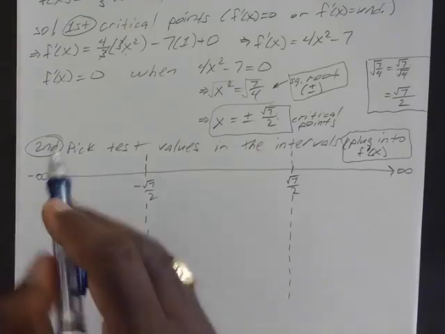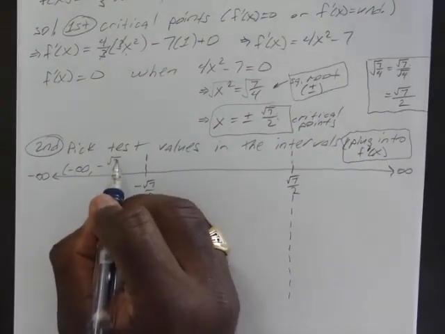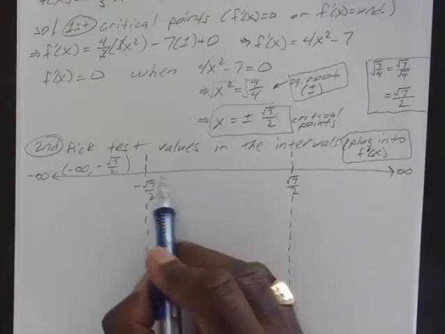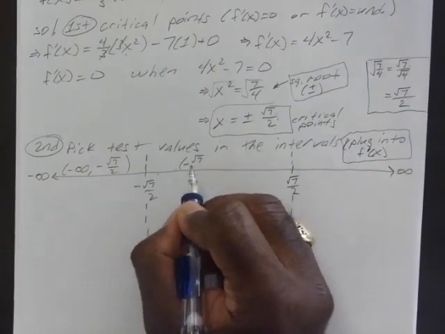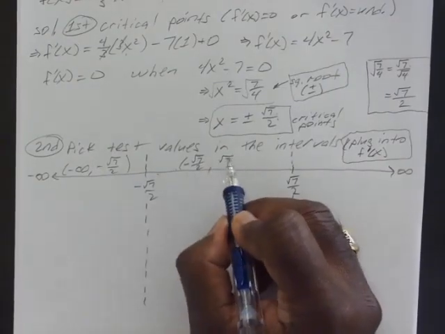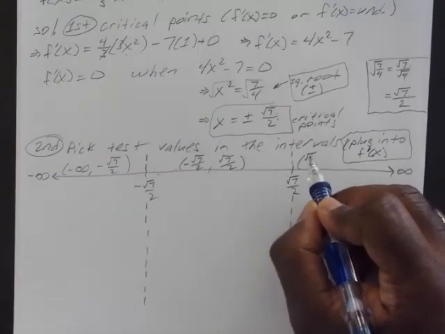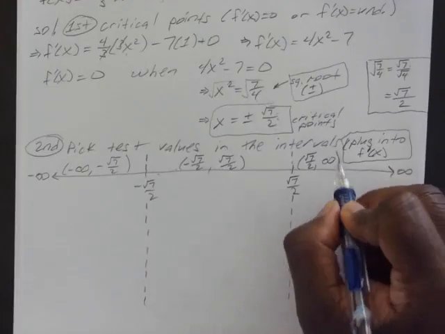So this interval here is from negative infinity to negative square root of 7 over 2. Okay, and this interval here is from negative square root of 7 over 2 to positive square root of 7 over 2. And this interval here is from the square root of 7 over 2 all the way to infinity.